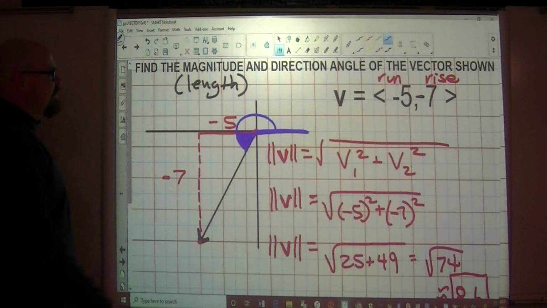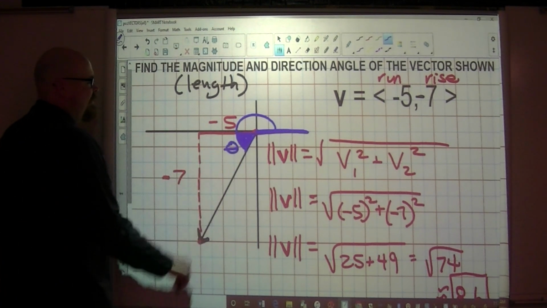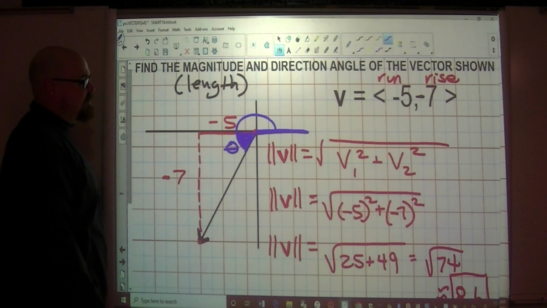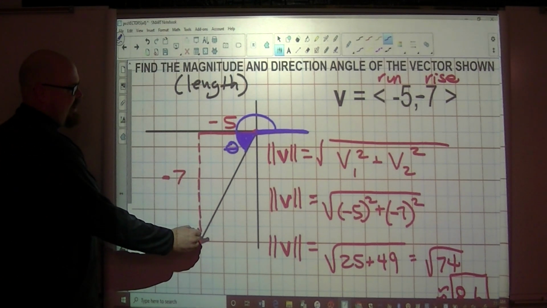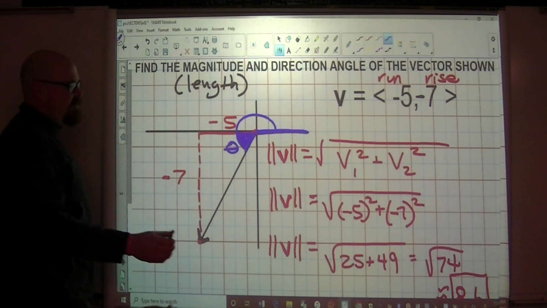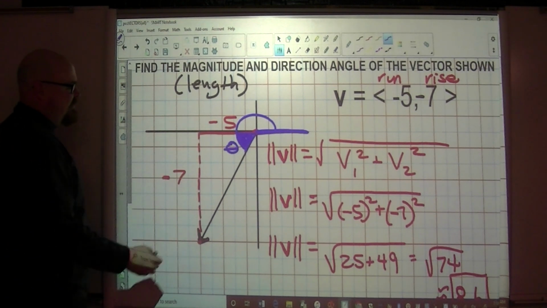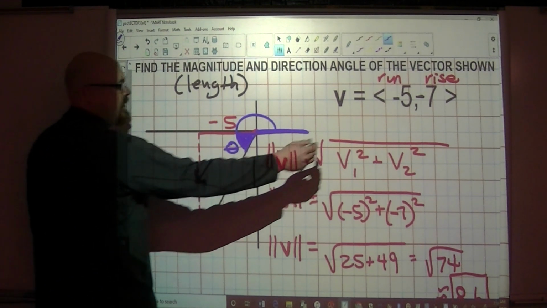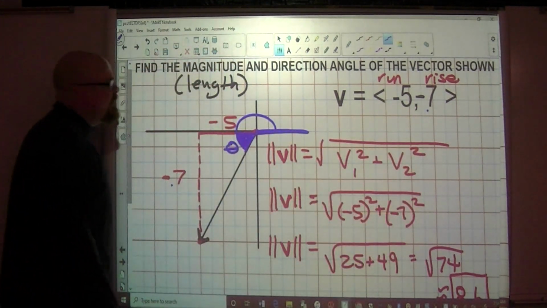So if we're looking for this angle, and we've been calling this angle theta, and we know this side is -7, and we know this side is -5. And again, forget the fact that distance can't be negative. We're just labeling it -7 because of this.